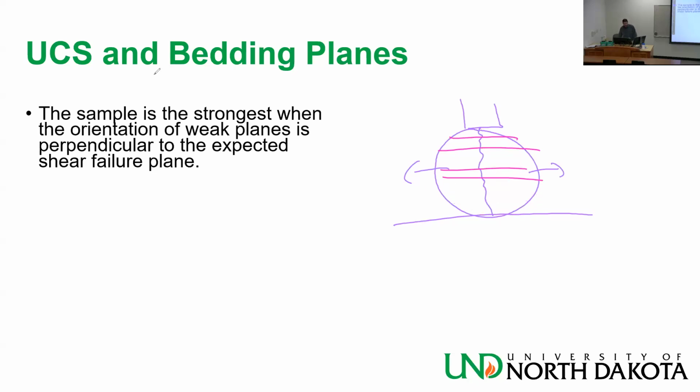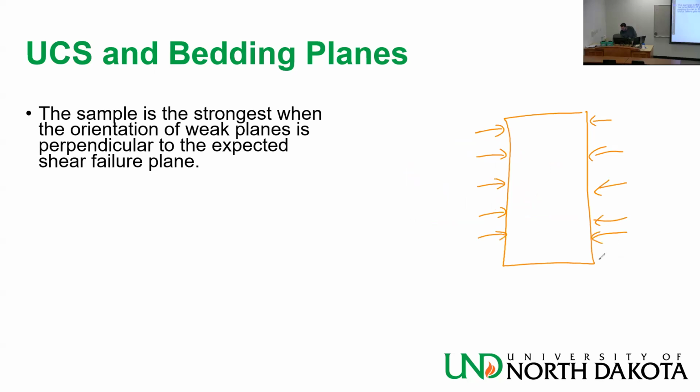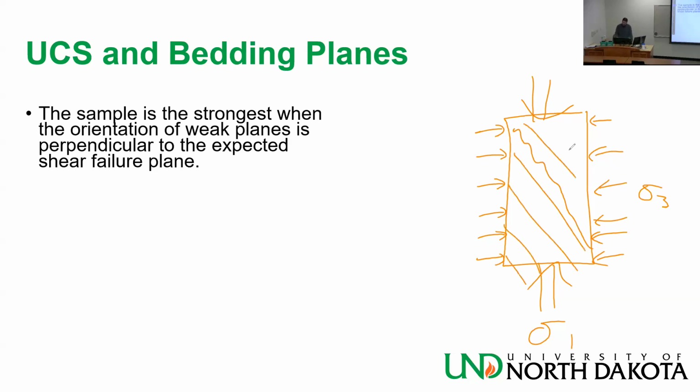Now for shear failure, it's the same thing, but a little bit different. Because I have the confinement sigma 3, and what I'm applying on top, sigma 1, okay. And I'm expecting it to fail something like this, at 60 degrees. Now, if I have planes in this direction, it's a bad idea, okay?